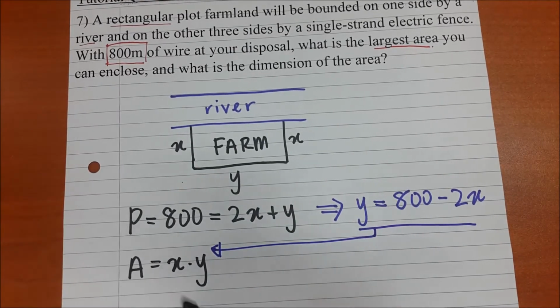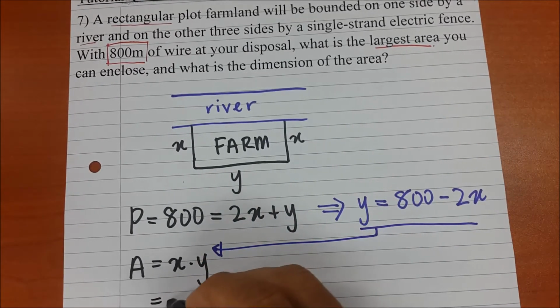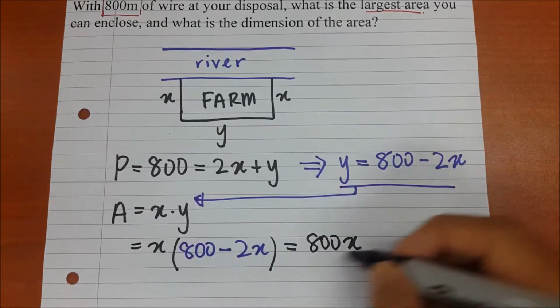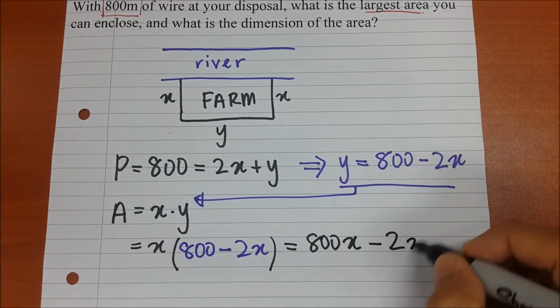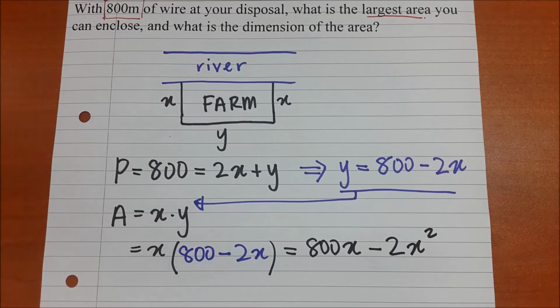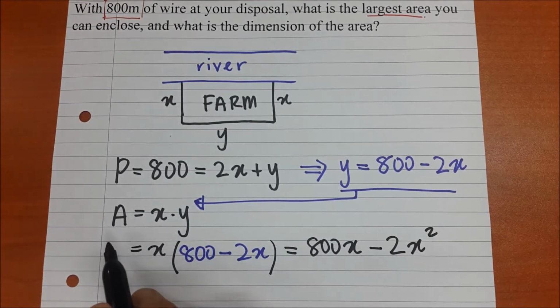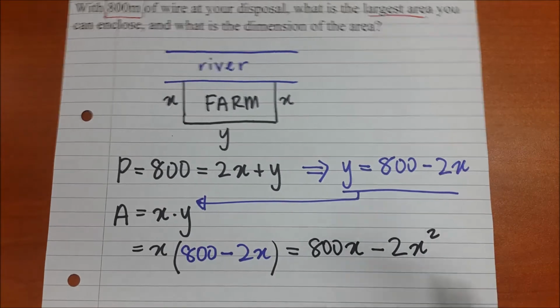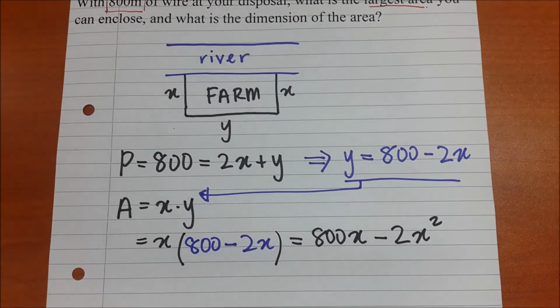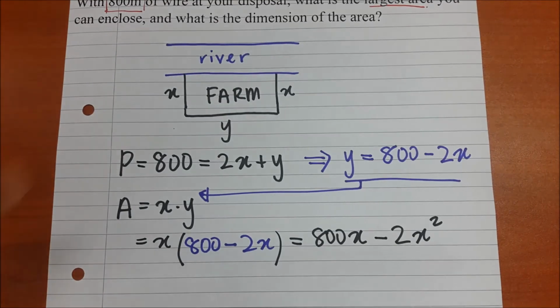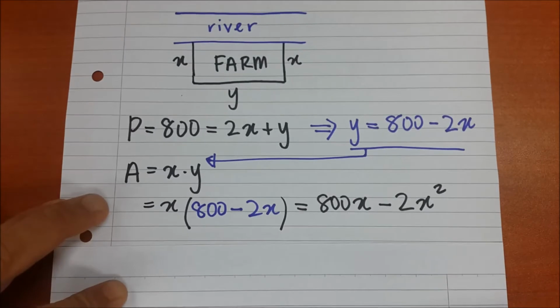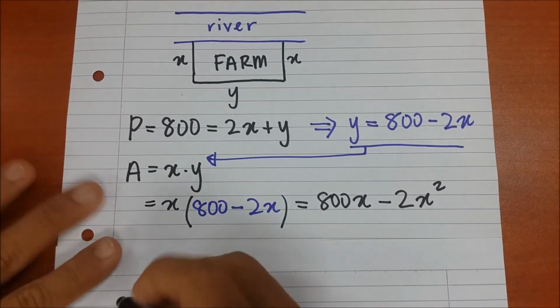So A equals X times (800 minus 2X), which is 800X minus 2X squared. Right, so now we have a function of A in terms of X. Next we need to find what makes the largest area. Right, so we need to find the derivative of A.